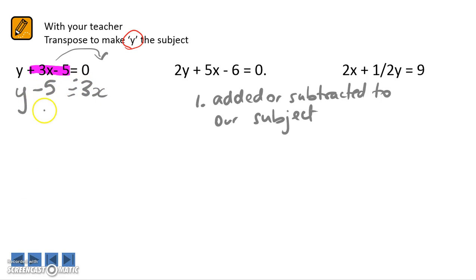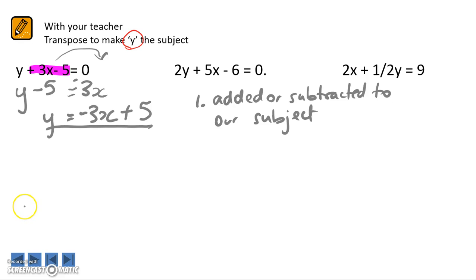Let's take over the minus 5 next. It's a minus 5 on this side, so when we move it over to the other side, we must change the sign. An opposite of a minus becomes a plus 5. And there is the answer, y equals minus 3x plus 5.